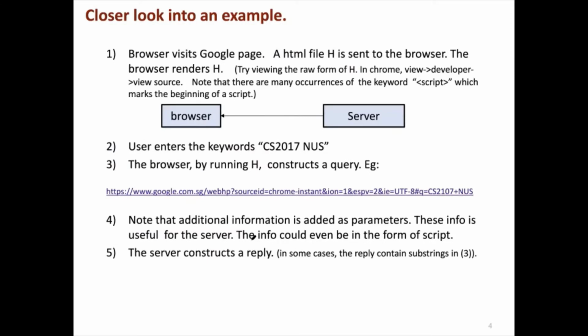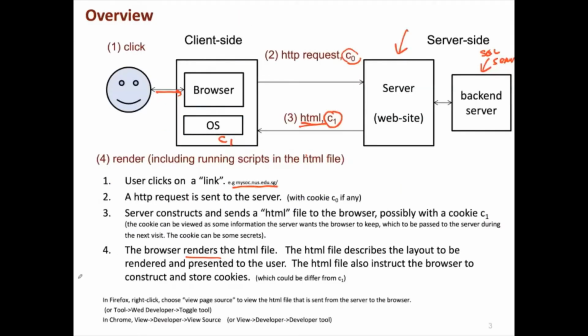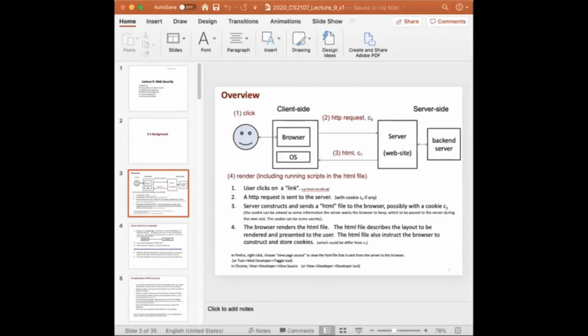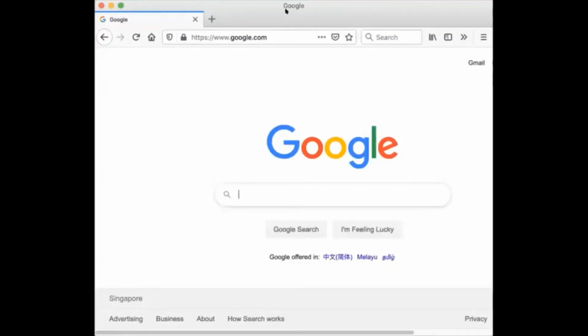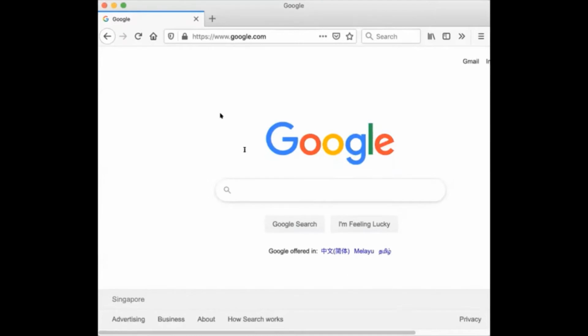Let me give you a demo in Firefox. So this is a browser. This request is sent to the Google server, and Google in turn sends back an HTML page. What is the actual HTML page? You can right click here and look at the page source.